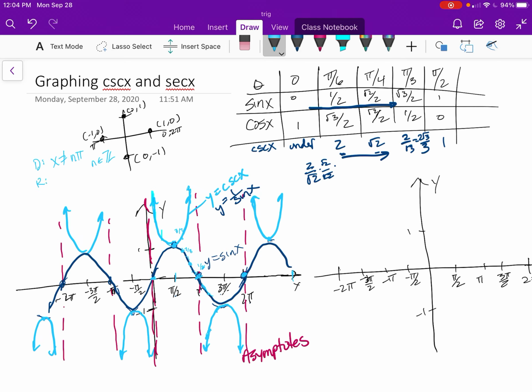The range, remember sine was in between -1 to 1. This is actually everything but that. When we erased that sine function, we actually had -infinity up to -1, union, it can be 1 or -1 though, infinity. All right. Well, by the same logic, cosecant will follow.